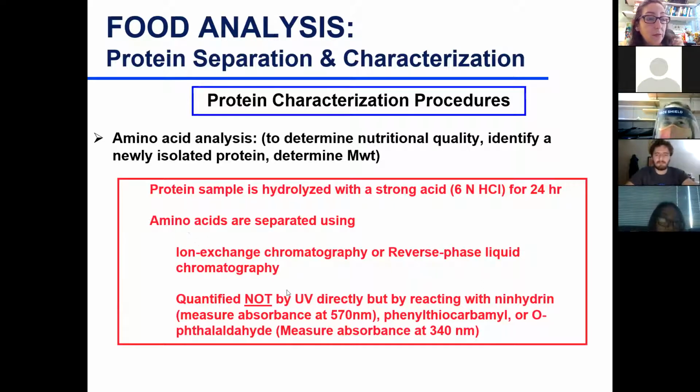After we hydrolyze, the amino acids can be reacted with ninhydrin or also with OPA reagent, which is phthalaldehyde. I just call it OPA. And we measure absorption or even fluorescence.